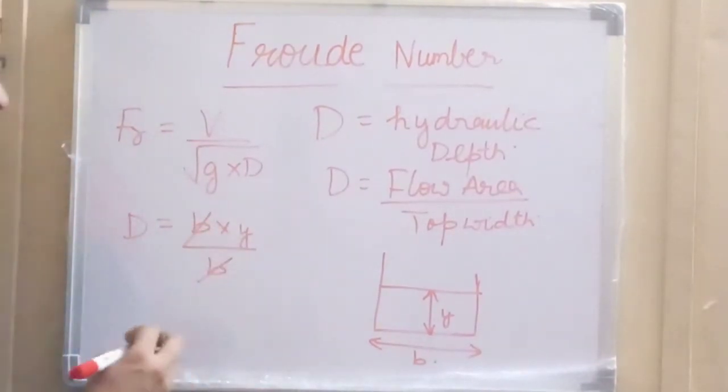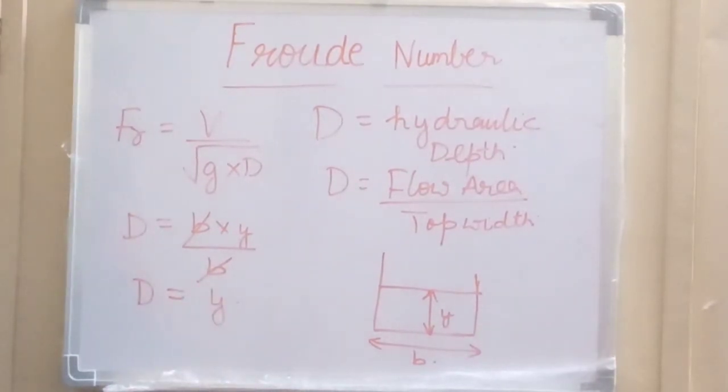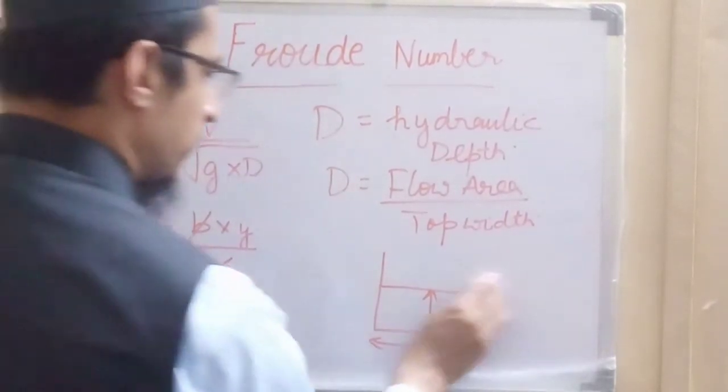So these two cancel out, so we have hydraulic depth as y. That is, hydraulic depth will be equal to the depth of flow in the case of rectangular channel. So in this way we can calculate the Froude number.